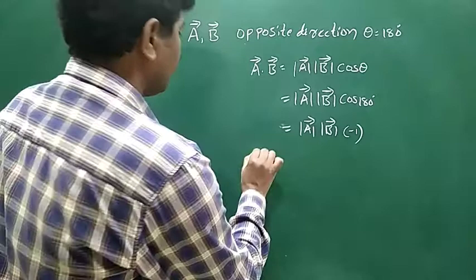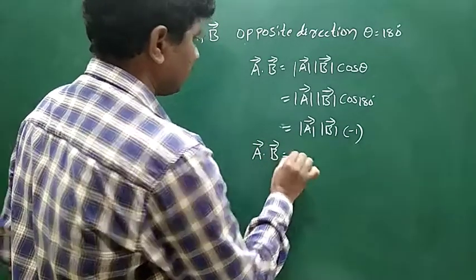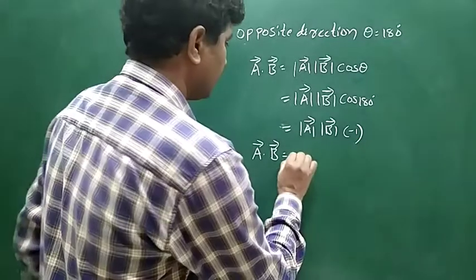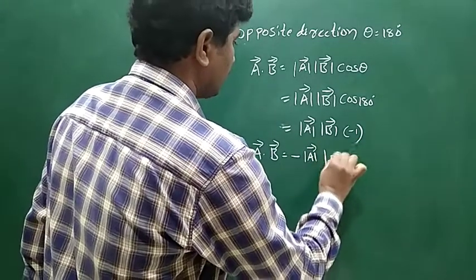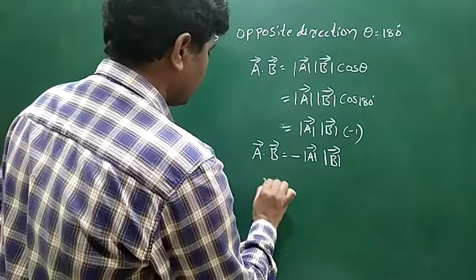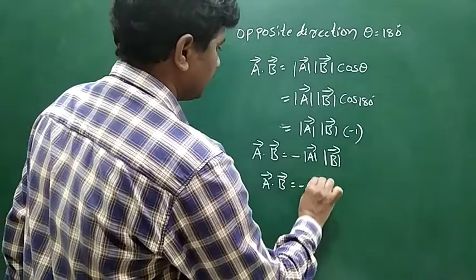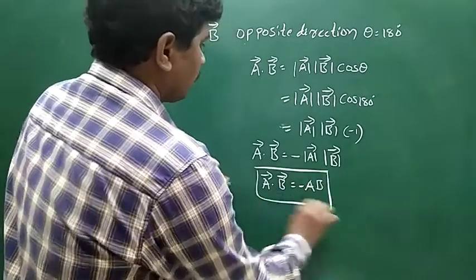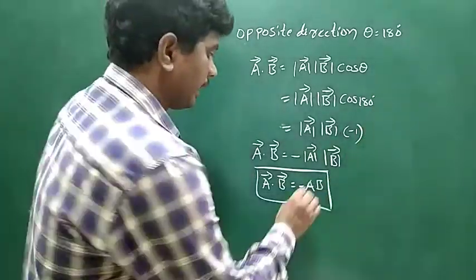Therefore A bar dot B bar equals minus mod A bar mod B bar, or A bar dot B bar equals minus AB. When the two vectors are in opposite directions, the dot product has a negative sign.